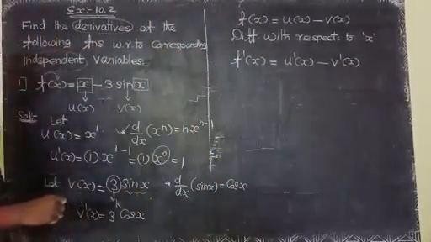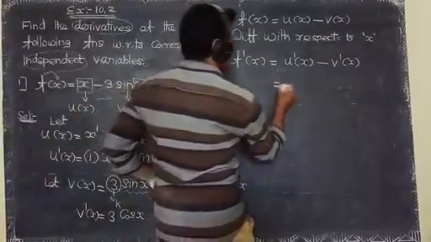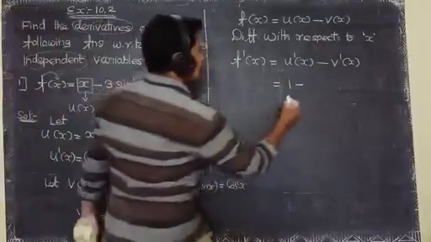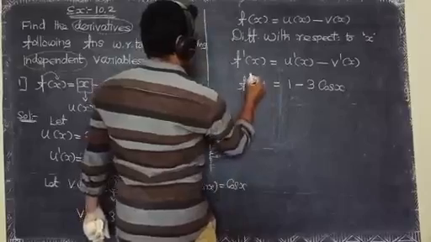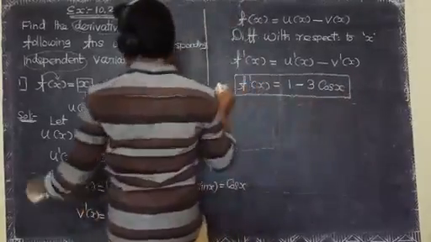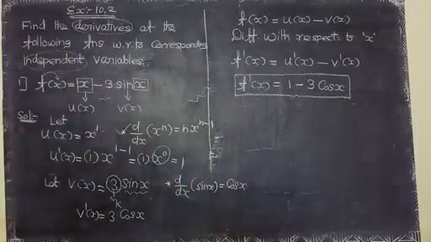Here the value of u dash of x is 1, minus v dash of x, which is 3 into cos x. Therefore f dash of x, this is the derivative of the given function x minus 3 into sin x.